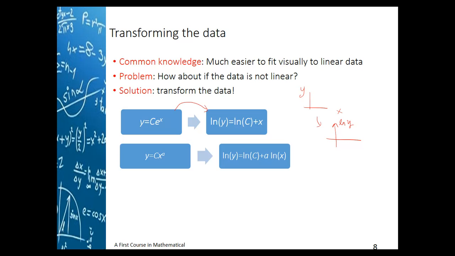So the difference is in your ln y. In this case, if let's say this is the value right now, and then when you change that, it becomes something like this, or the other way around. Doesn't matter as long as you know that you already force your equation of exponent into a linear line.